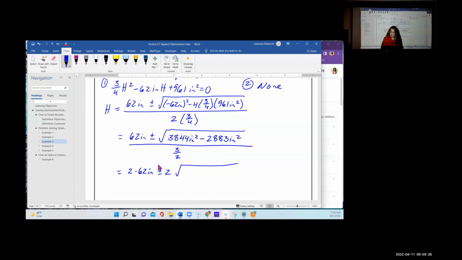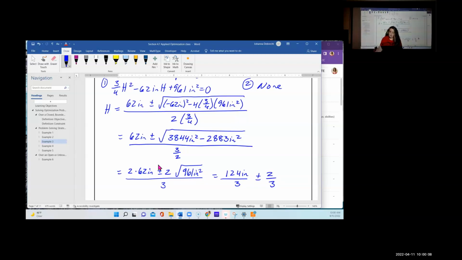What does it come out to be? 3844 minus 2883, 961 again. That's kind of weird. 961 inches squared, all over 3, which is 124 inches over 3, plus or minus 2/3.